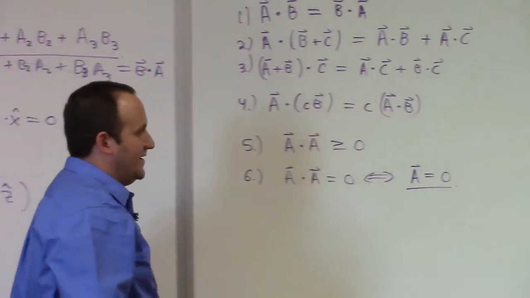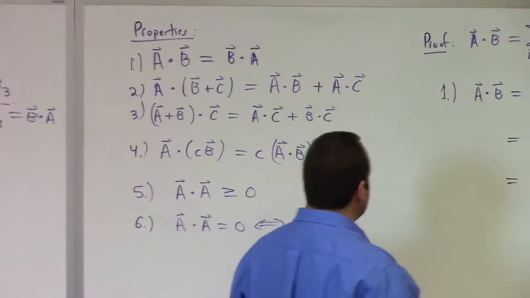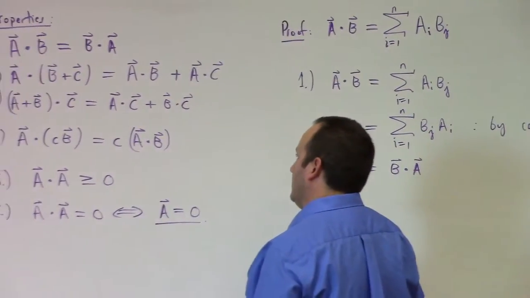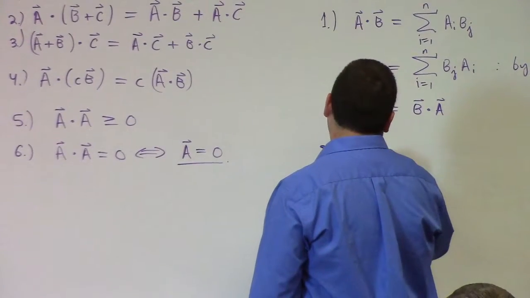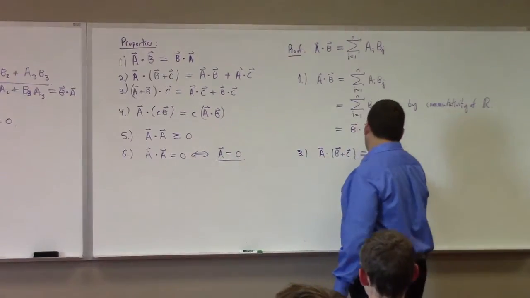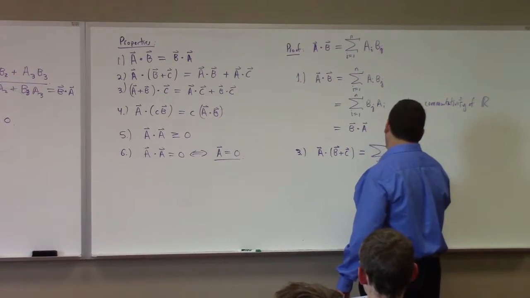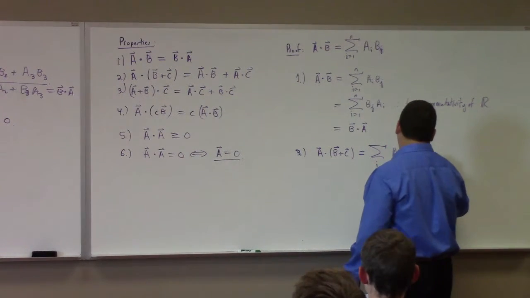Fortunately for you guys, I am not afraid of sums. In fact, I embrace them for questions like these. Okay, so for property 3, how would you prove that? A dot b plus c. So that's the sum over i of a_i times b plus c_i.